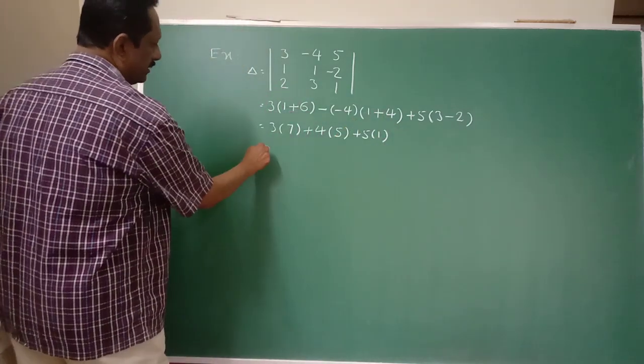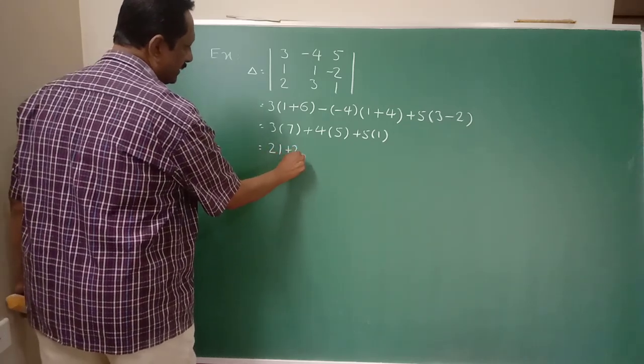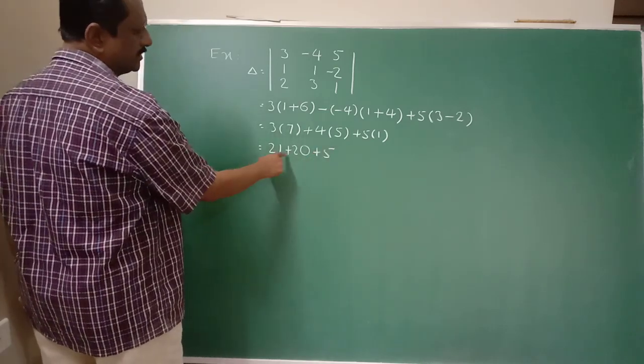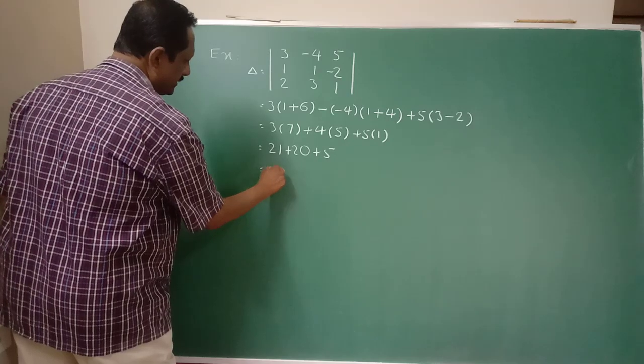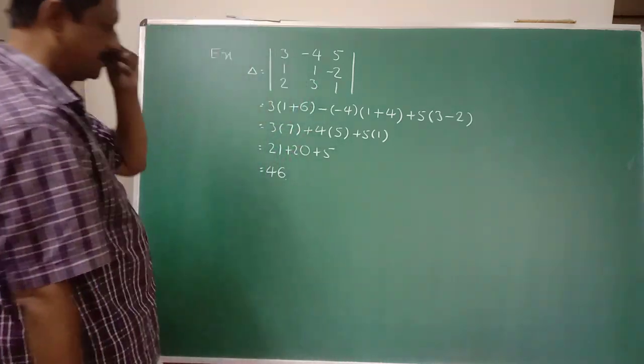Then 7 3s are 21, 4 5s are 20. Plus 5, 21 plus 20, 41 plus 5 becomes 46. So delta is equal to 46 here.